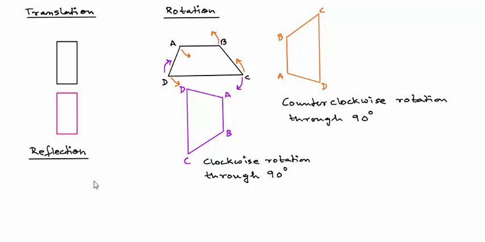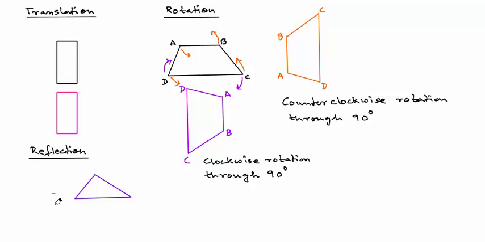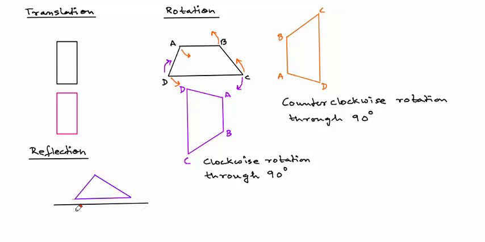Imagine you have a triangle. And you want to reflect this triangle about this given straight line. Just as it happens on a mirror, you see the image or the reflection on the other side of the straight line at the same distance away from it.